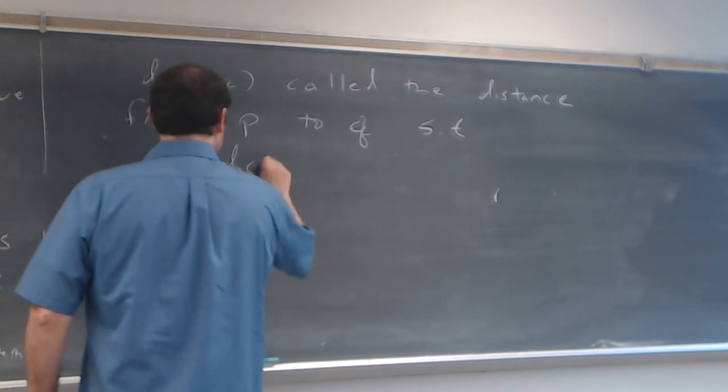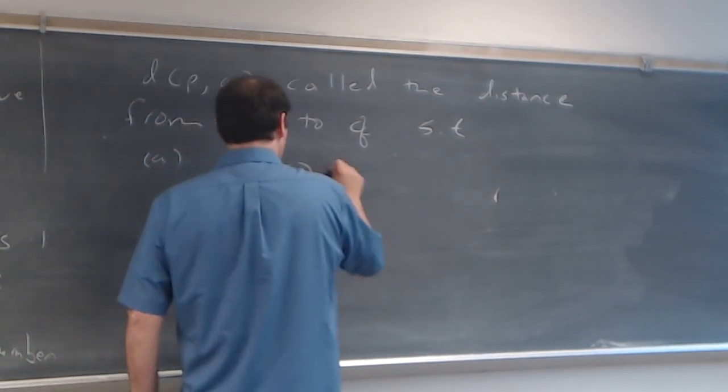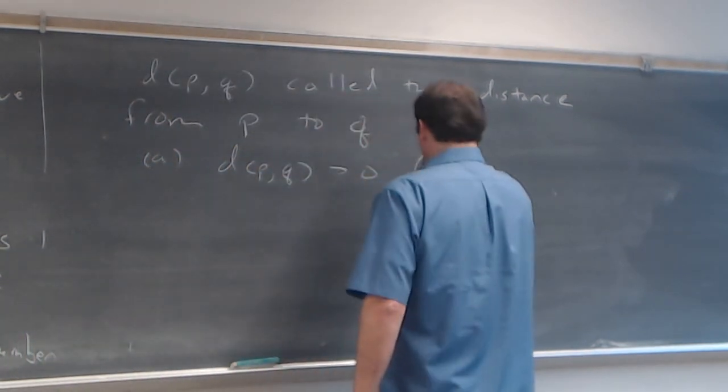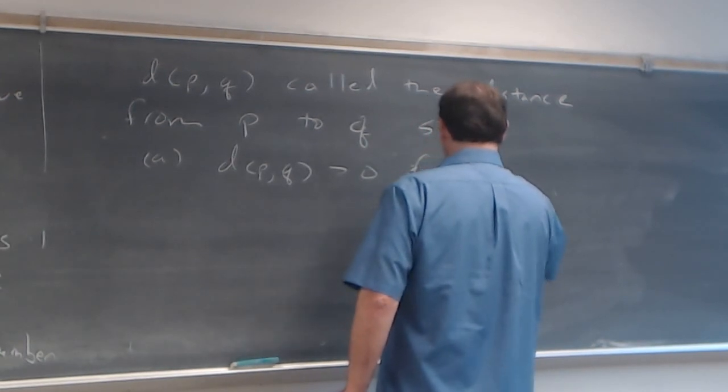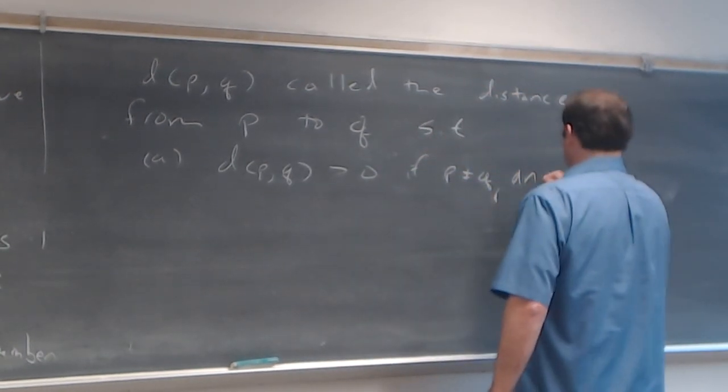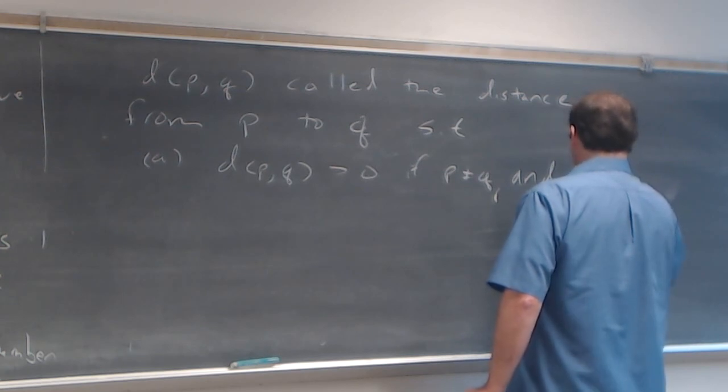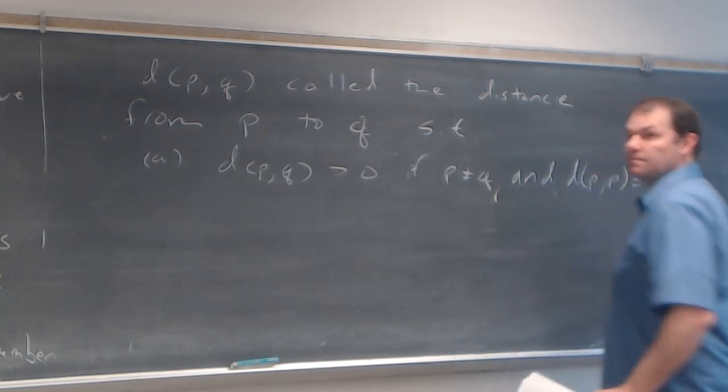The first thing is that d of P,Q is always greater than 0 if P is different than Q, and the distance between P and P equals 0.